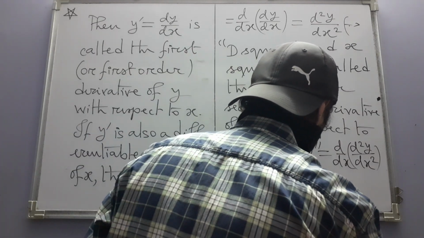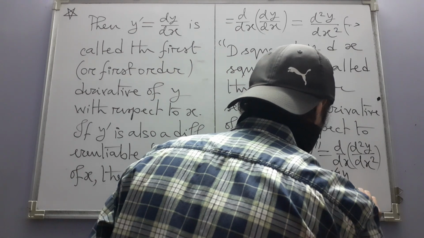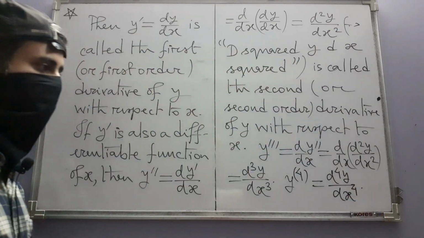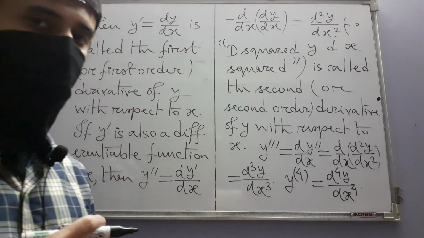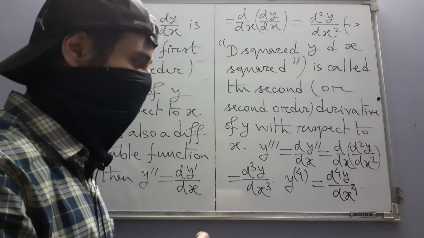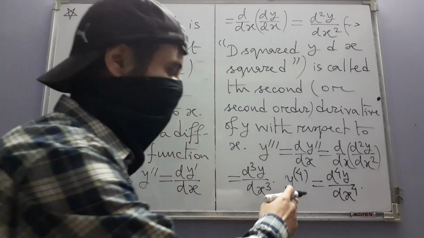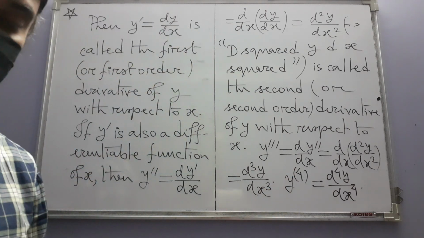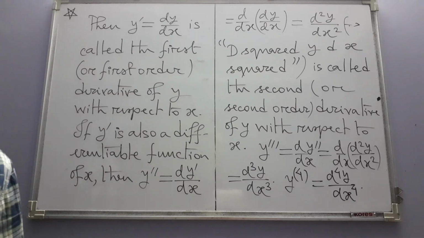And another notation for this same thing, of course, is going to be this. The fourth derivative of y, or fourth order derivative of y with respect to x, if it is differentiable that many times.